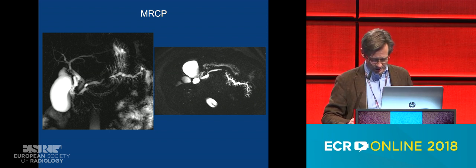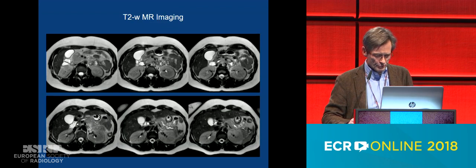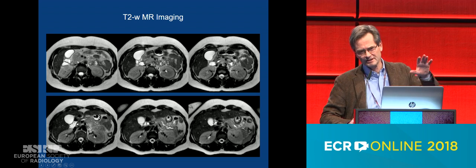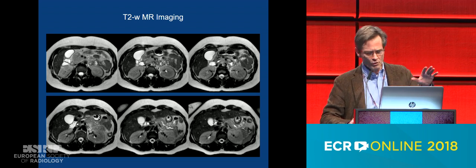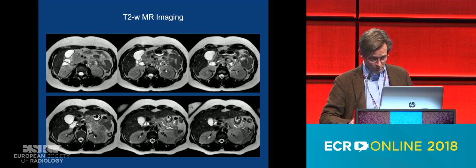Now I'll show you the T2 weighted imaging, which basically informs you about the same as CT, with one difference: you can detect that the signal intensity of the pancreas, which I will remind you in T2 weighted imaging is more or less like that of the normal liver.